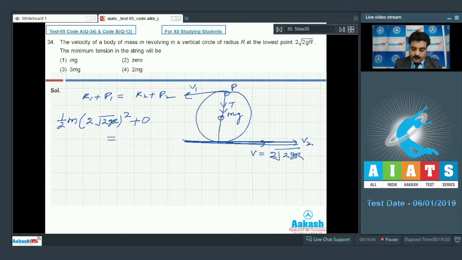So now suppose this is v1 and this is v2. I'm going to write here m 2gr, because total height becomes 2r, just equal to the diameter, and the kinetic energy is half m v2 squared.